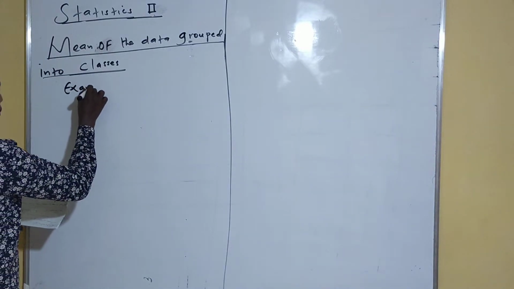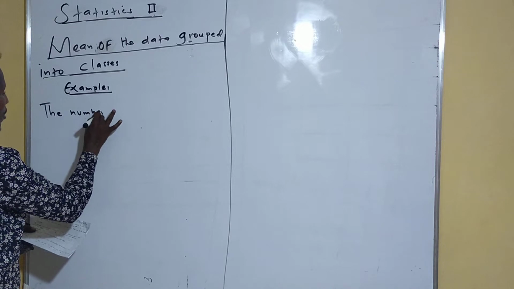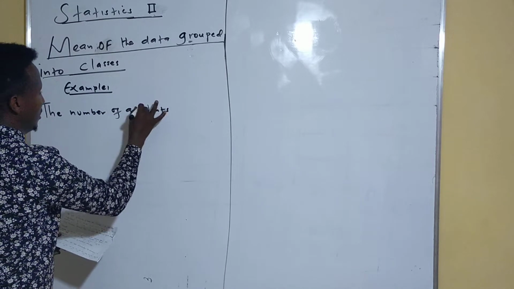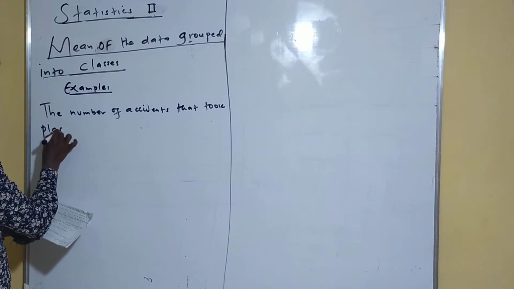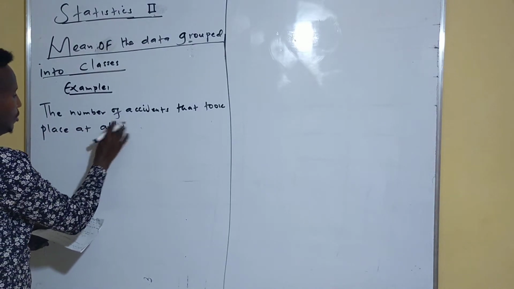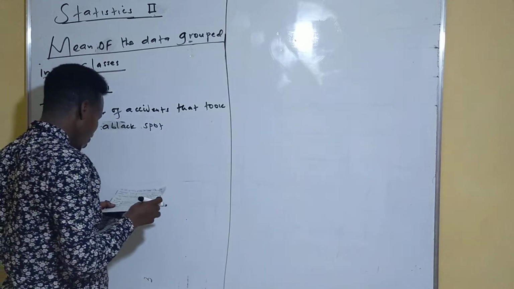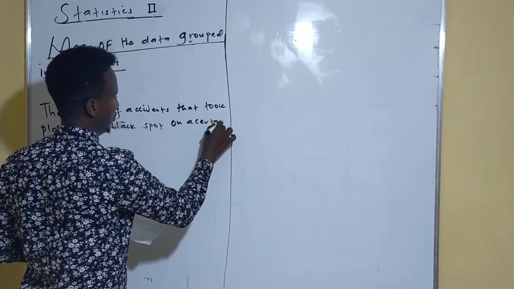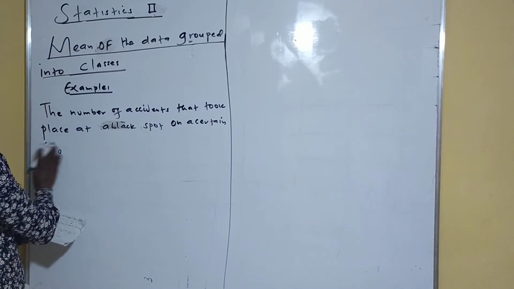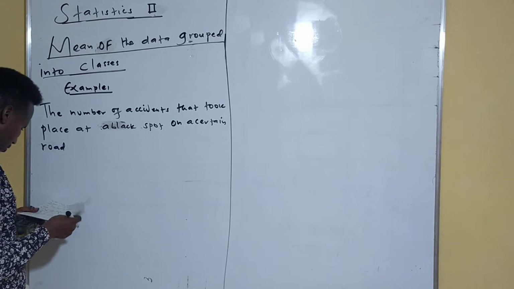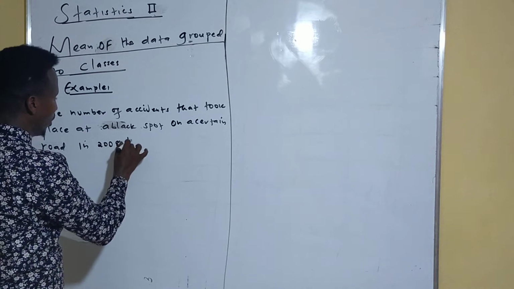Let's say this is example 1. Example 1: you are told the number of accidents that took place at a black spot on a certain road in 2008 were recorded as follows.